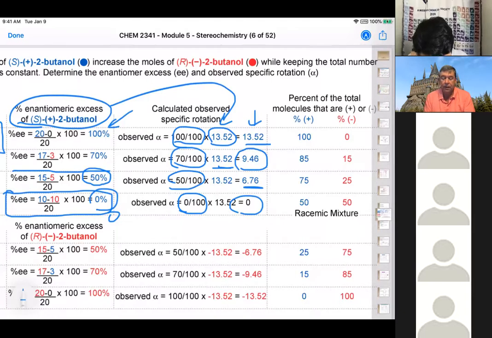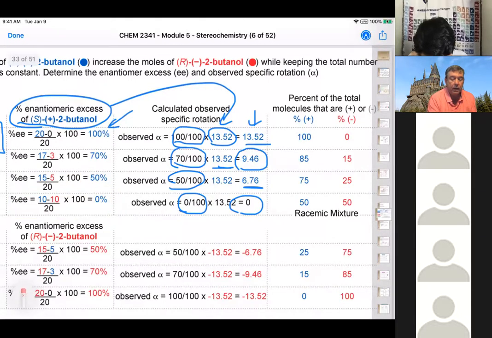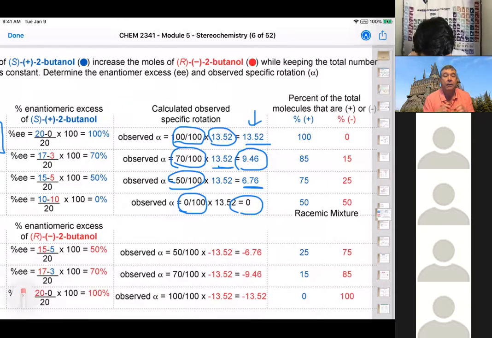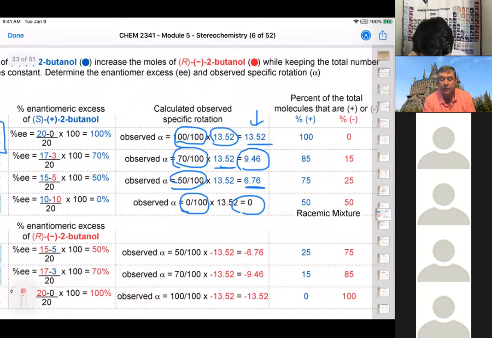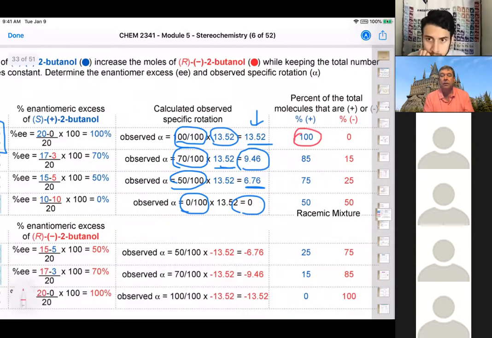Okay, so what this means is, notice the enantiomeric excess here is this calculation of the percent of the excess of the moles, right? Now, if we actually calculate it by percent of molecules, that's going to give us a different number. Here we have 100% of molecules, it's going to give us our 100% optical rotation.